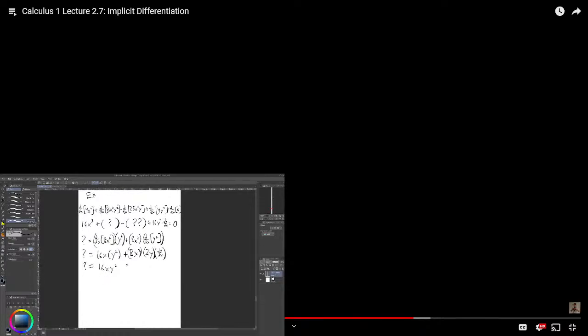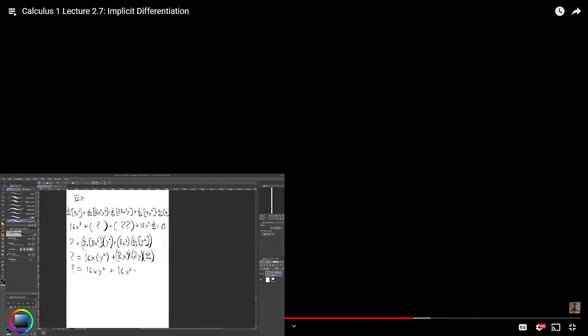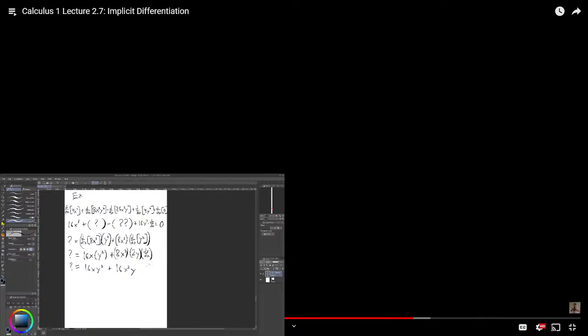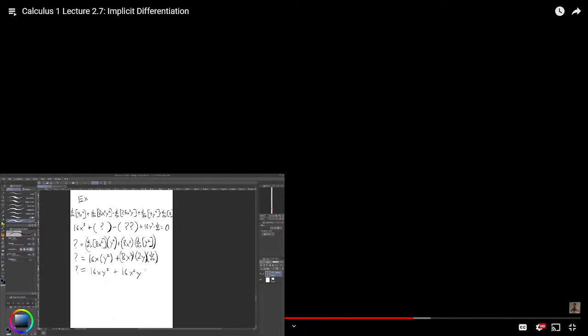So 16xy squared plus 16x squared y, because it can't be easy, times dy/dx.